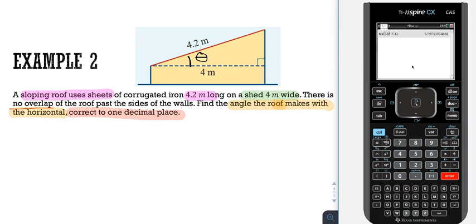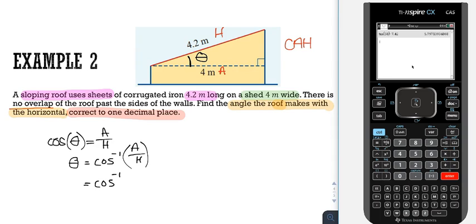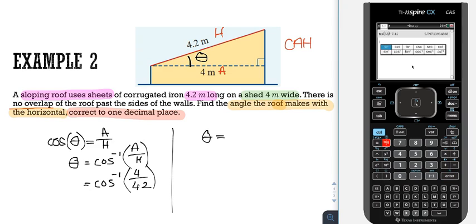So I identify that as theta, label our sides, and then recognize what we can use. Now I'm going to use A and H because that's where I've got lengths. I don't have my opposite length, so I'm not going to use it. So cos is the trigonometric ratio that I'm going to use. Cos theta is equal to A over H, which means that theta is equal to cos inverse of A over H, substituting in my values and then using my calculator.